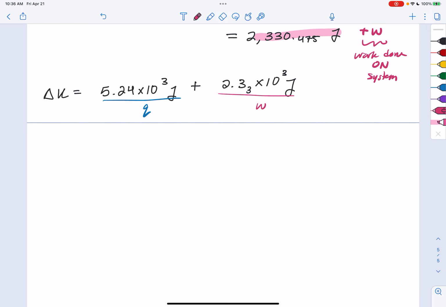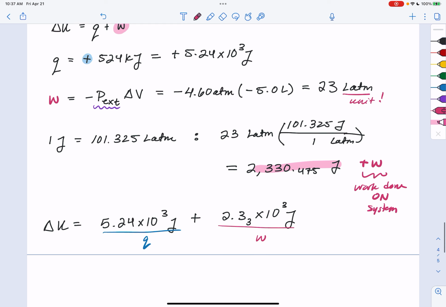All right, so let's see here. What if we were to actually add these numbers? So 5,240 joules of heat plus 2,330.475.